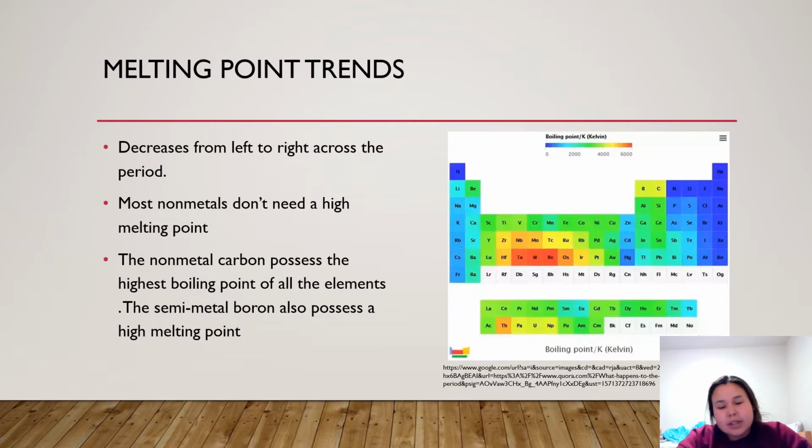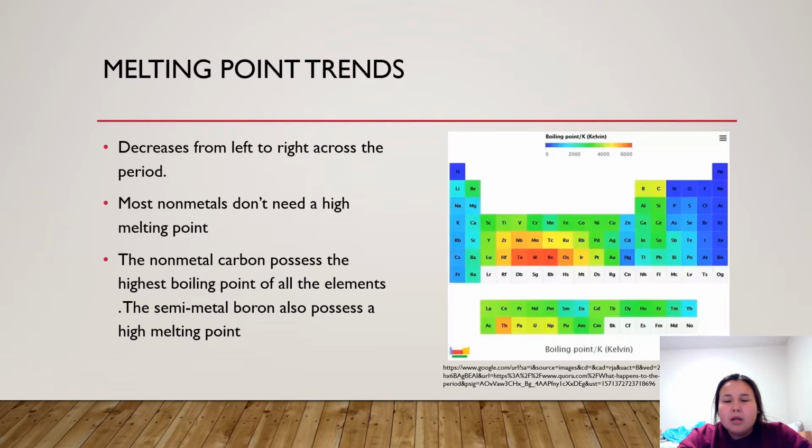Metals generally possess a high melting point, I assume most to all metals. And the non-metal carbon possesses the highest boiling point of all the elements. The semi-metal boron also possesses a high melting point.